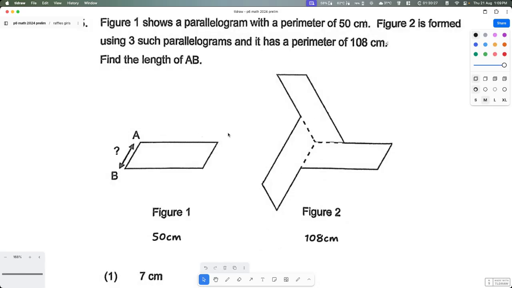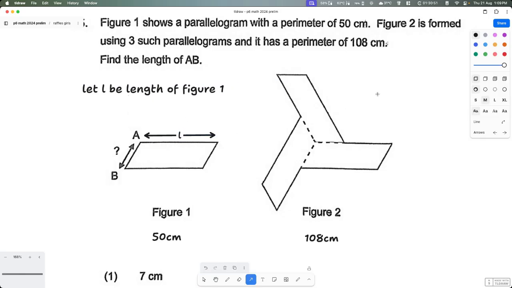At the same time, this is AB. And this I call length and breadth, either way. So let L be the length of figure 1. That means this is 1L, this is 2L, this is 3L.